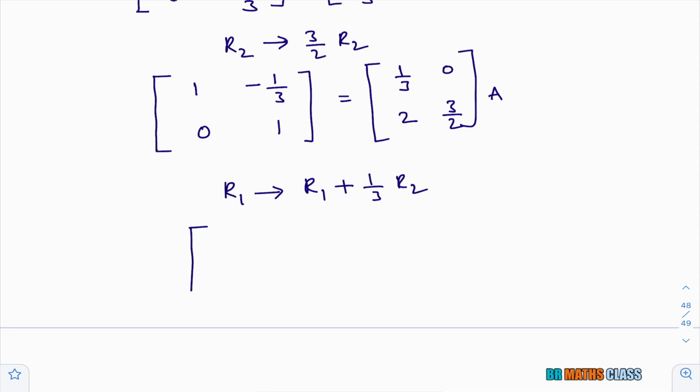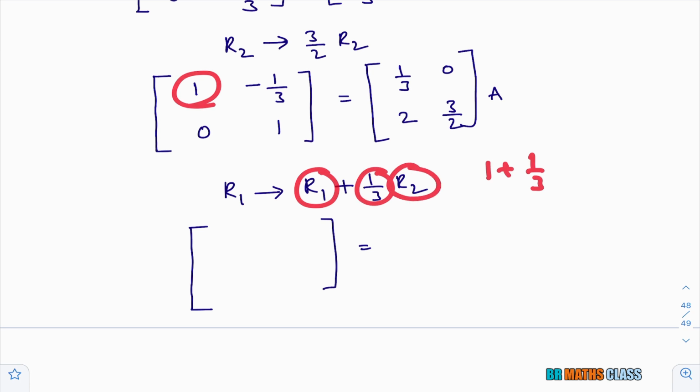Use this operation: R1 changes as R1 plus 1 by 3 into R2. R1 is 1, and 1 plus 1 by 3 into 0 is 1 only.